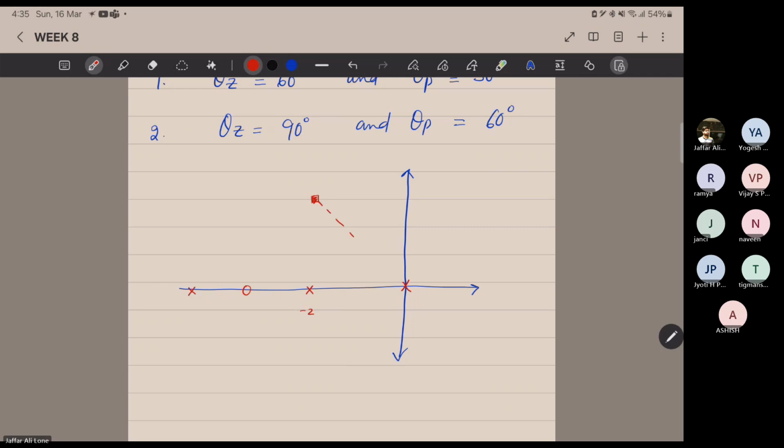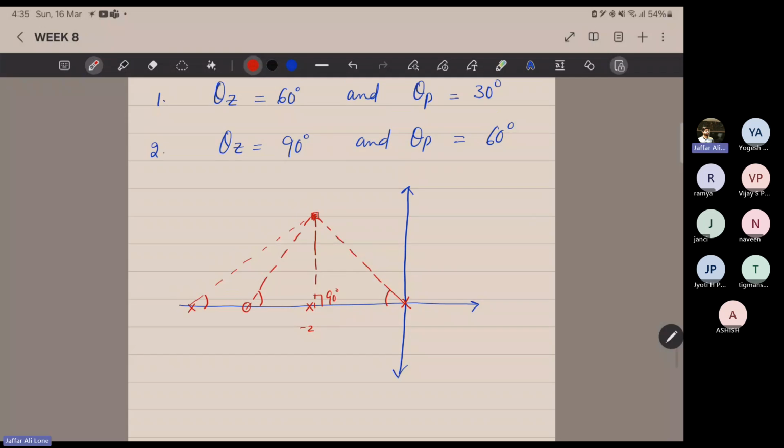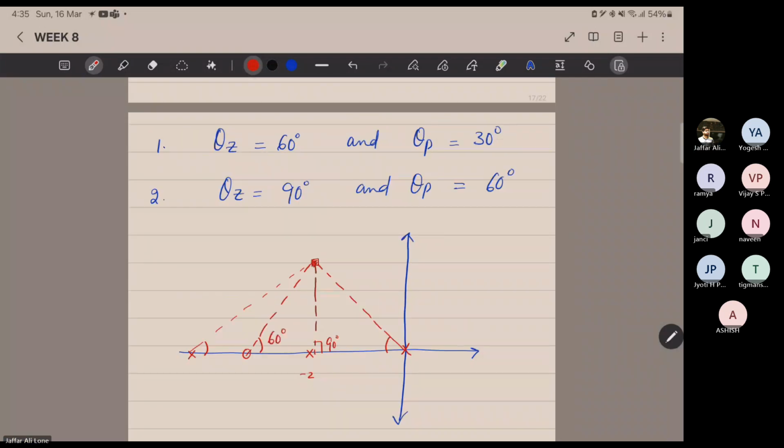So we got this angle something. This was 90. So we got all these angles now. So this theta z we're assuming to be 60 degrees, and theta p we're assuming to be 30 degrees. This is 90 and this is also 60 degrees.